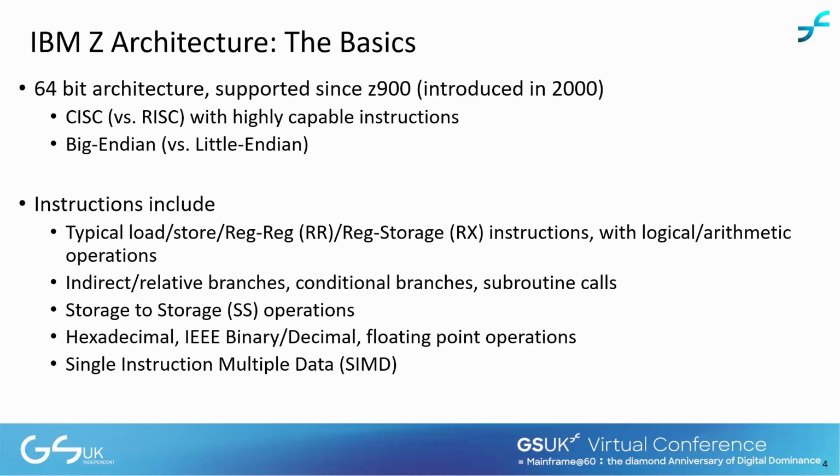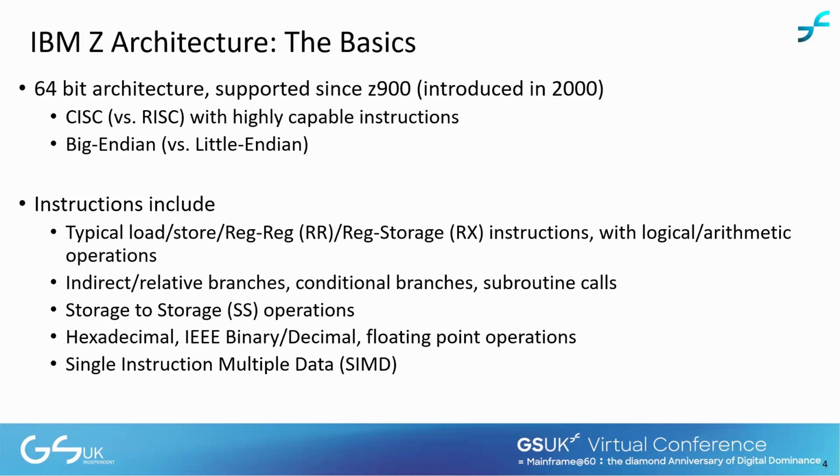We'll talk about how those are facilitated on the architecture. There are also more types of floating point: IEEE, binary, decimal, hexadecimal, more than you could shake a stick at. If there's some floating point architecture, we most likely support it on Z.